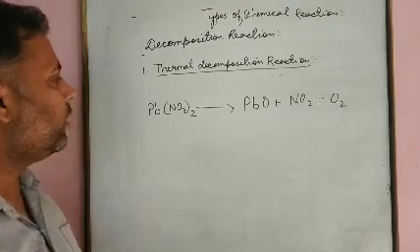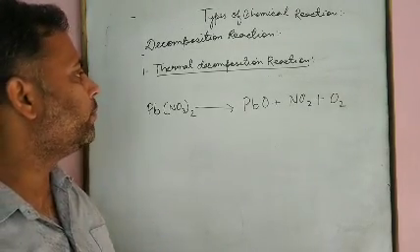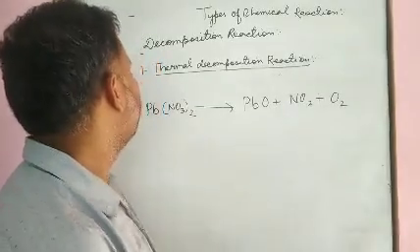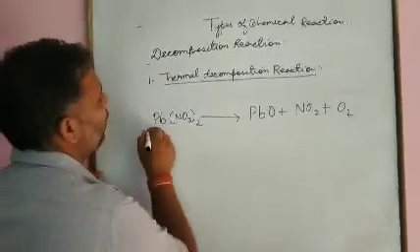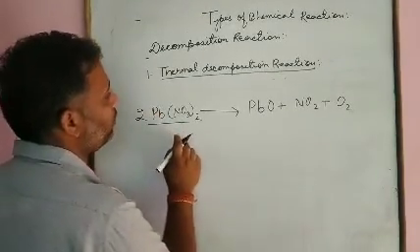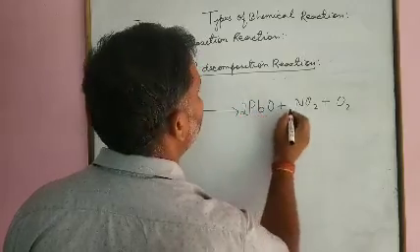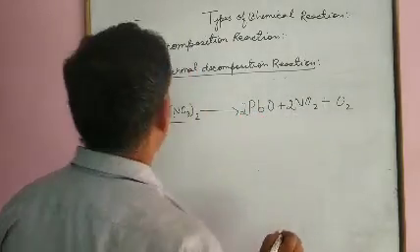What do we see here in this reaction? First of all, we will balance it. It is going to be 2 Pb(NO3)2 giving 2 PbO plus 4 NO2 plus O2.